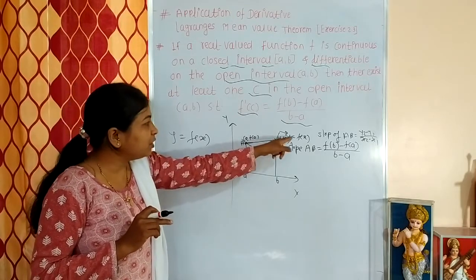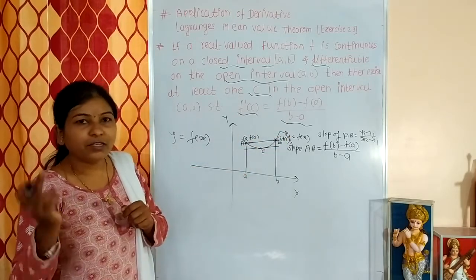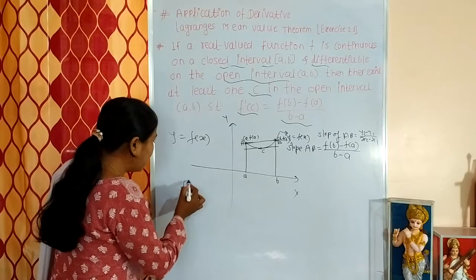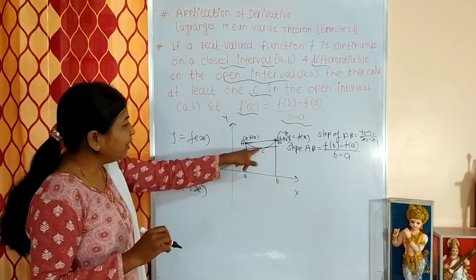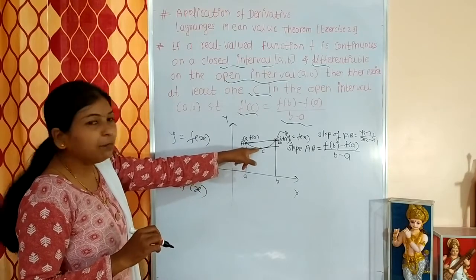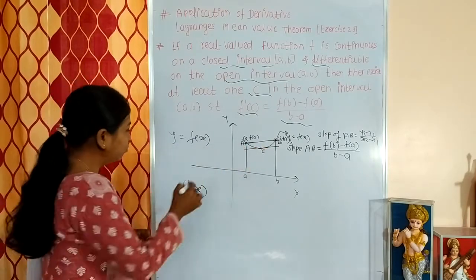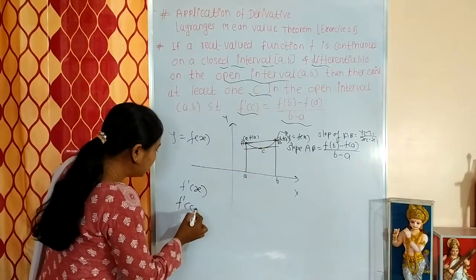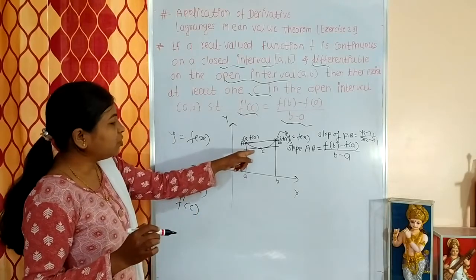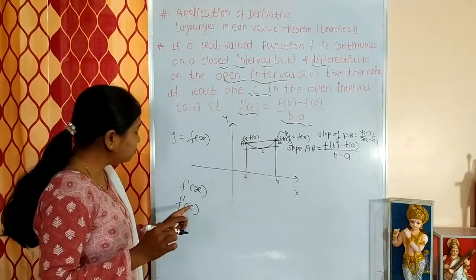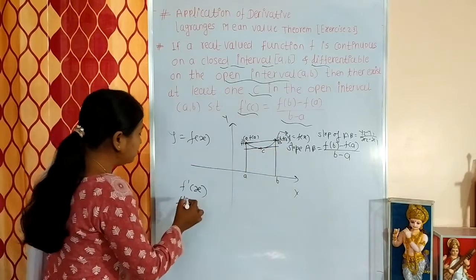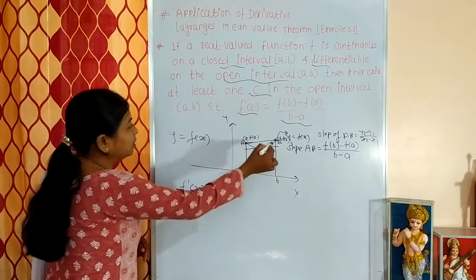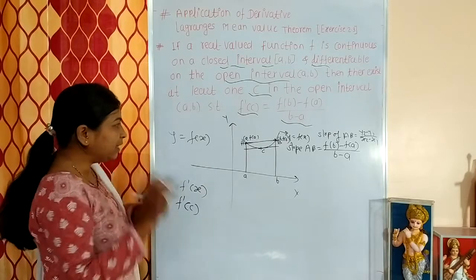If we differentiate this curve y is equal to f of x, we get dy by dx is equal to f dash of x. Then the value at the point c, f dash of c, is nothing but the slope of the tangent.